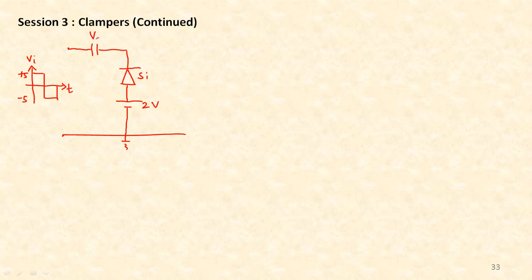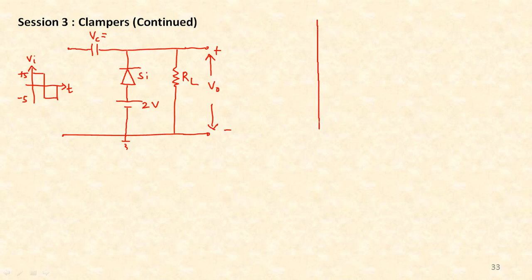And let Vc be the voltage across the capacitor, which we'll have to determine. And let RL be the load resistor, and output is to be determined across RL. Okay, fine. So that's our clamper circuit, and let us clearly mention the waveforms, starting with the input waveform.